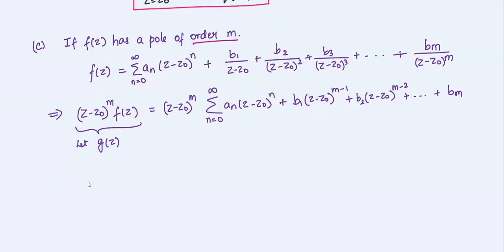So if g of z is given by this, then b1 is the coefficient of z minus z naught to the power m minus 1.